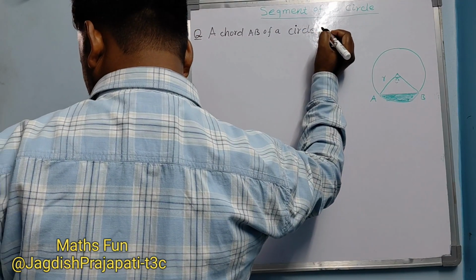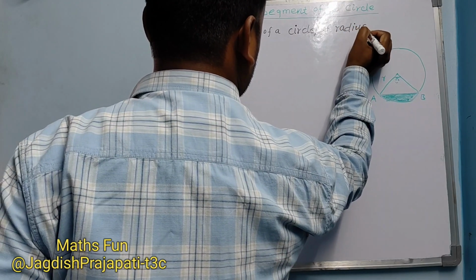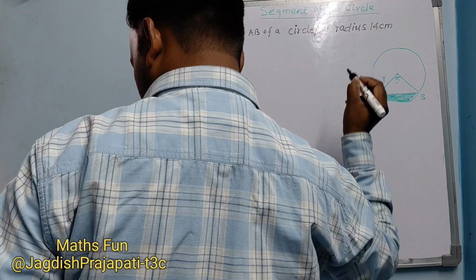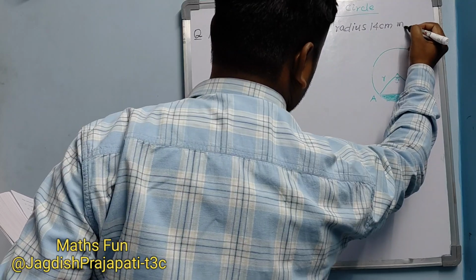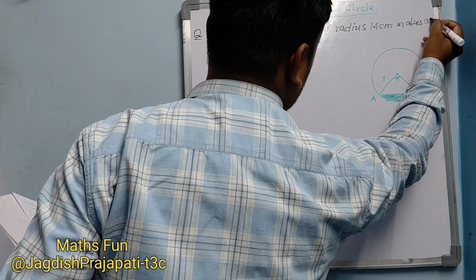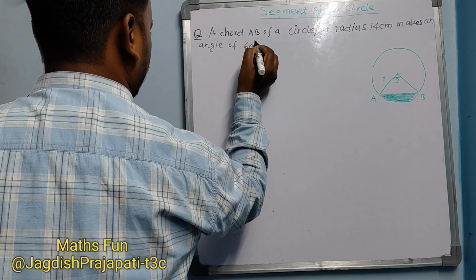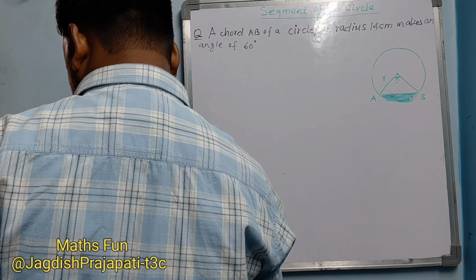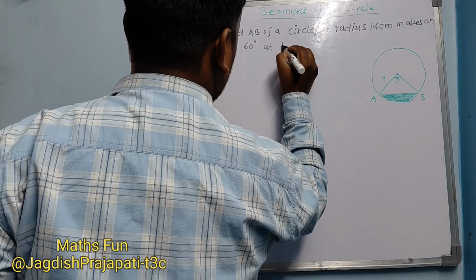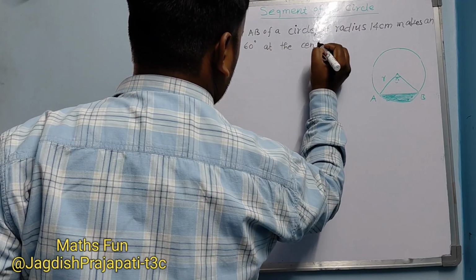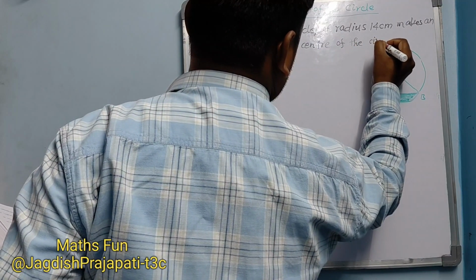A chord AB of a circle of radius 14 centimeter makes an angle of 60 degree at the center of the circle.